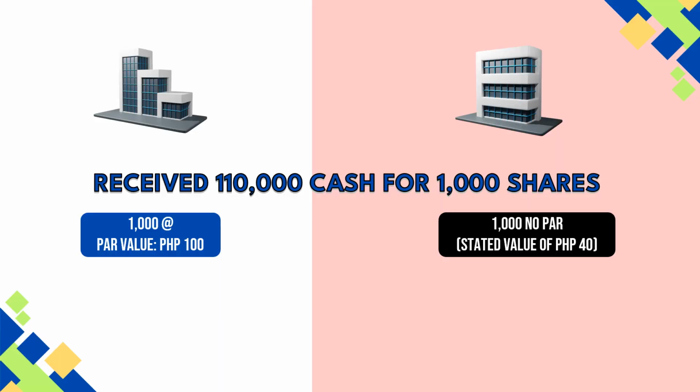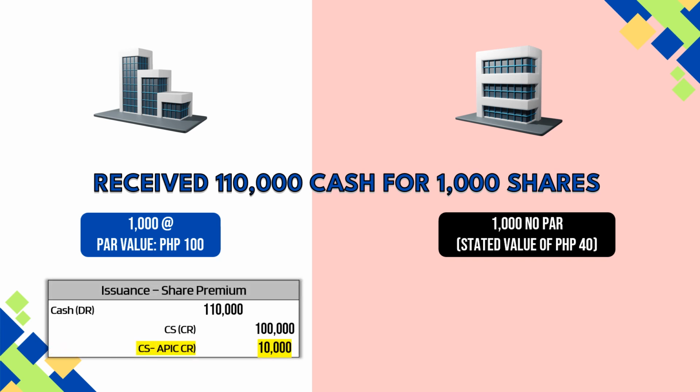So for this, let's just look at the two examples. Let's say you receive 110,000 cash for 1,000 shares, right? So, first scenario is a company with a par value of 100. The journal entry would look like this. Don't get intimidated by the compound journal entry. This is the step-by-step process on how to do it.